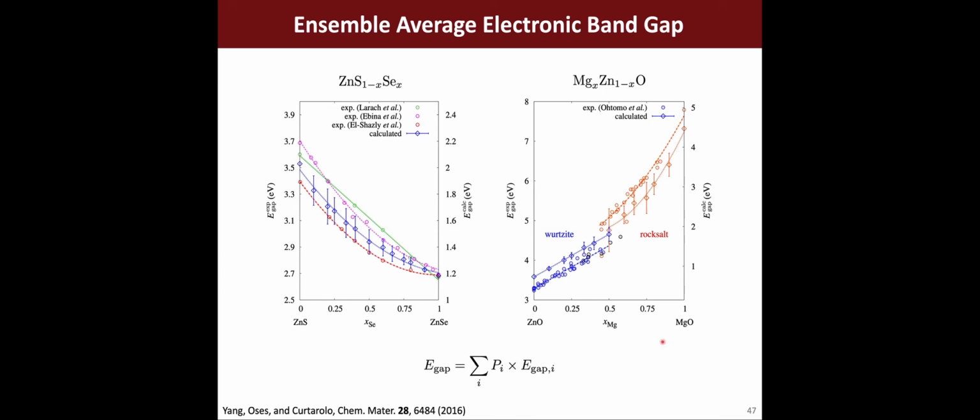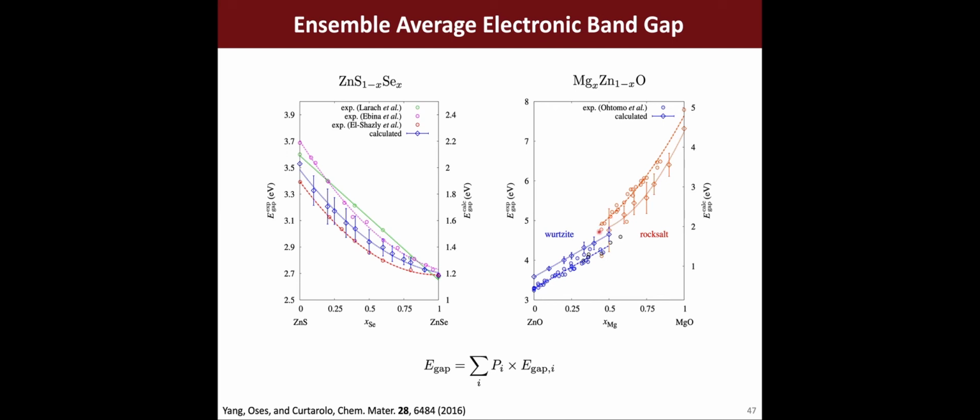POCC. We can also look at the band gap versus concentration for this magnesium zinc oxide system. It's well known that by doping zinc oxide with magnesium we really expand the band gap. In the short range from zinc oxide to about 0.5 concentration of magnesium, we have the wurtzite structure and the relationship looks mostly linear for the experiment.